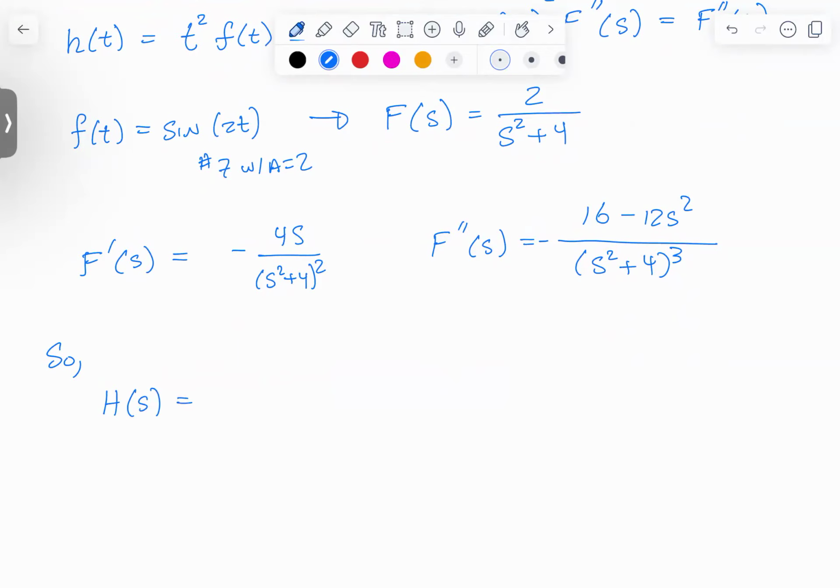And since what we were looking for was just the second derivative, actually that is our solution.